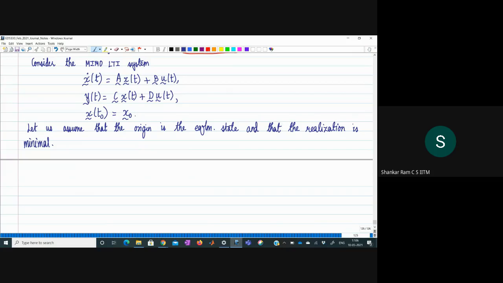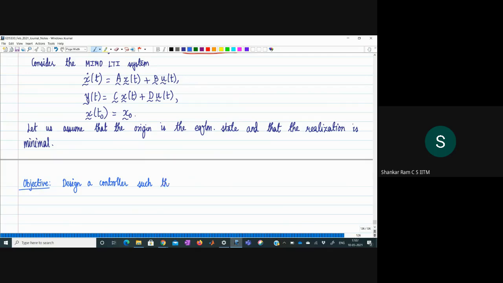Now what we do when we design this linear quadratic regulator, or LQR, is the following. The objective is to design a controller that minimizes a quadratic performance index.